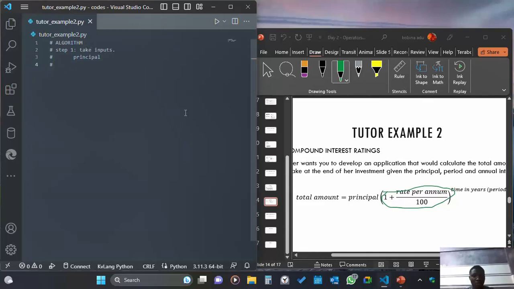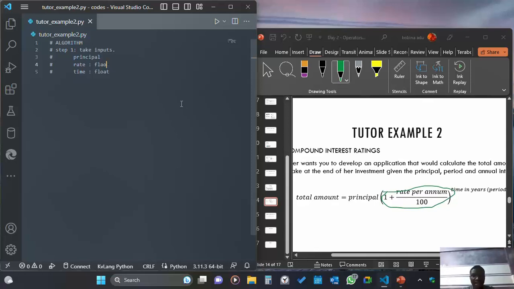So the rate, then we have the time, and for us, the time could be floats or integers, so let's accept floats. Then the rate is also in percentage, so the rate will usually come as a percentage, let's say 80%, but definitely could come 85.4%, so it's still floats.